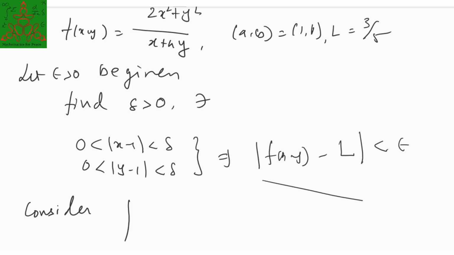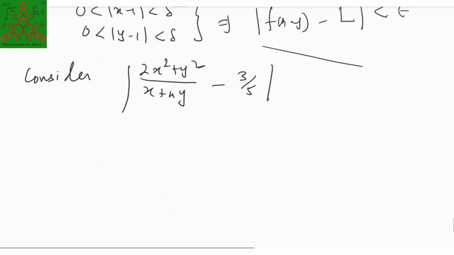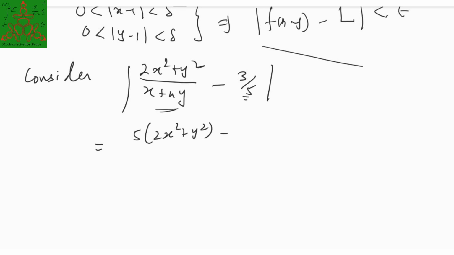Consider f of xy minus L, that is 2x square plus y square upon x plus 4y minus 3 by 5. So taking LCM, this 5 will multiply the numerator, that is 2x square plus y square, and the denominator will multiply 3, that is 3 into x plus 4y, and the denominator has 5 into x plus 4y.